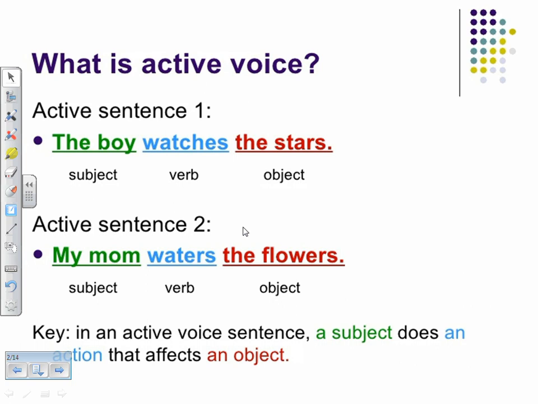Let's take another example. Mom waters the flowers. Okay, I started with the subject. Excellent. Which is my mom. Then the verb. In which tense is the verb? Supers you are. In the present simple tense. Then I ended with the object, which is the flowers.